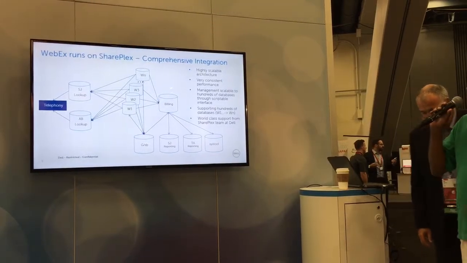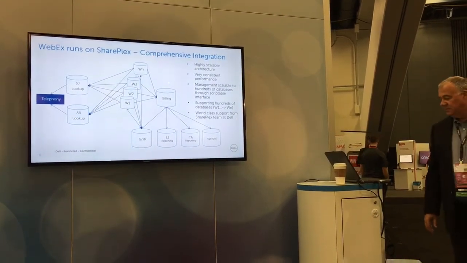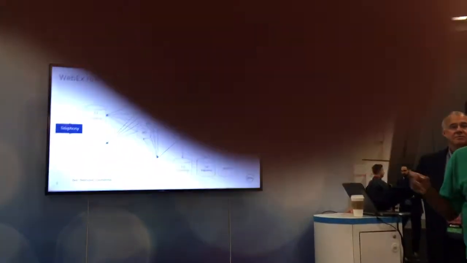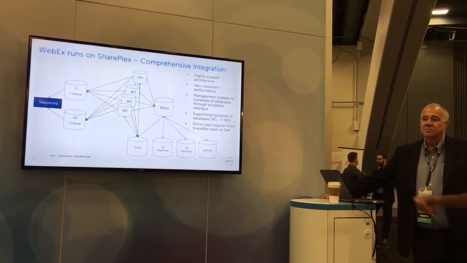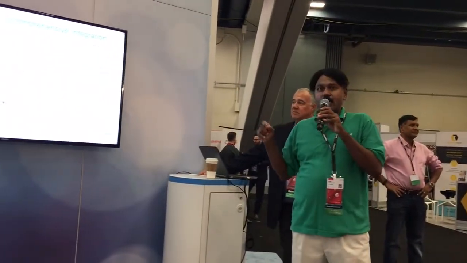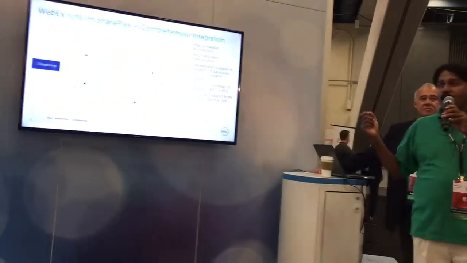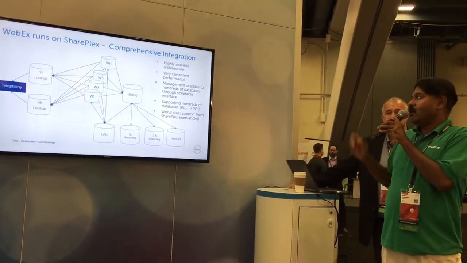Okay, so the W1, W2, W3, those are our databases in our data centers spread around the globe. Within the US, we have San Jose, Texas Allen, and Virginia. We have Ws in London, in Japan, in other countries, other continents.